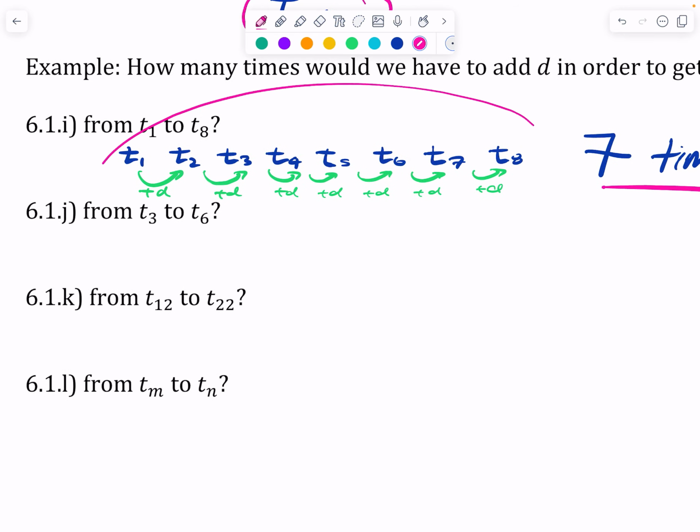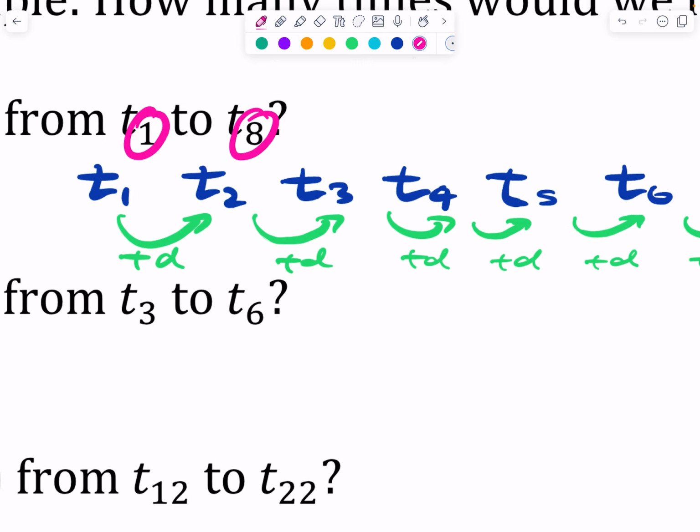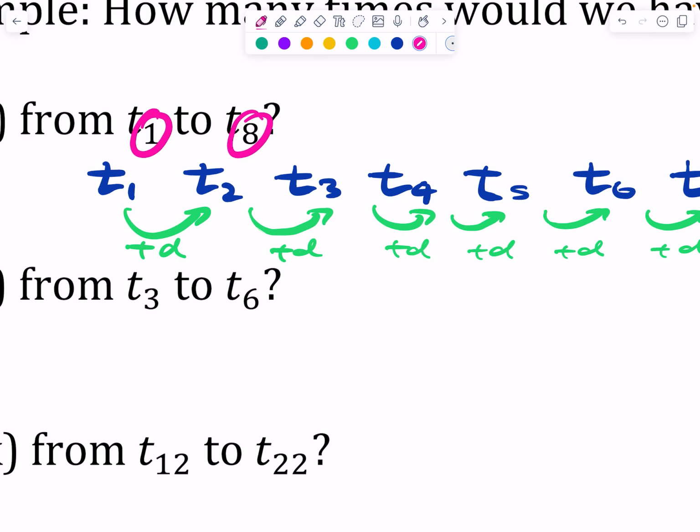But that's a slow method again. Drawing them all out and trying to count it takes a while. Whereas we can just note this number of times is just the difference in these indices, the 1 and the 8. To get from term 1 to term 8, we have to add the difference 7 times because that's how much of a difference there is between 1 and 8. Similarly, we've got term 3 and term 6.